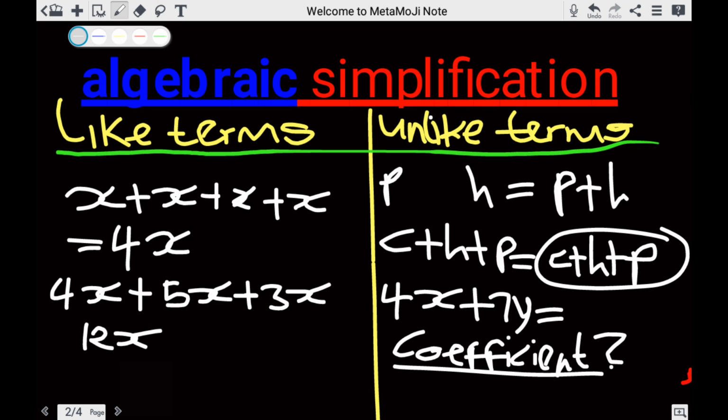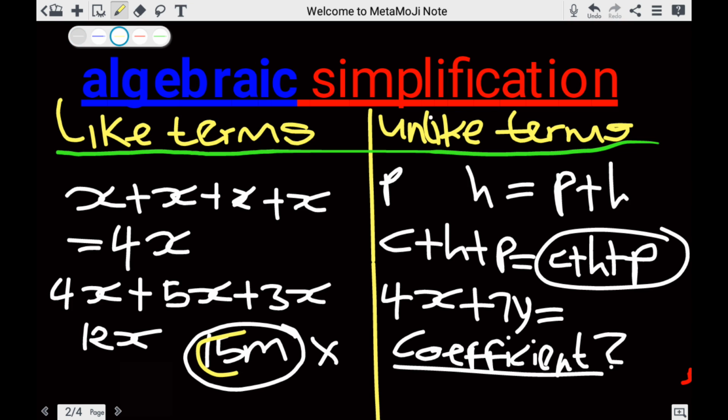So now, what about 15m? The coefficient is this 15 that is multiplied to this m. If you are asked what the relationship is between 15 and m, it's multiplication. That is the link between the two terms, 15 and m.